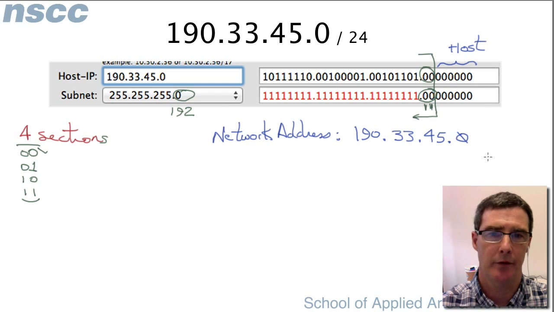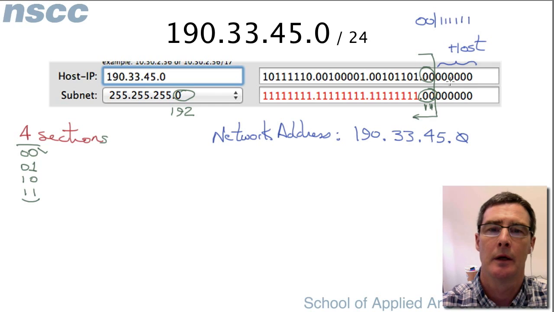What's a broadcast address? Well, broadcast address, we said, was when all these host bits here are 1. So we have our network bits, and we have all 1s. We have 6 more 1s here for our host bits. So this is the broadcast address, and 0, 0 with 6 1s.